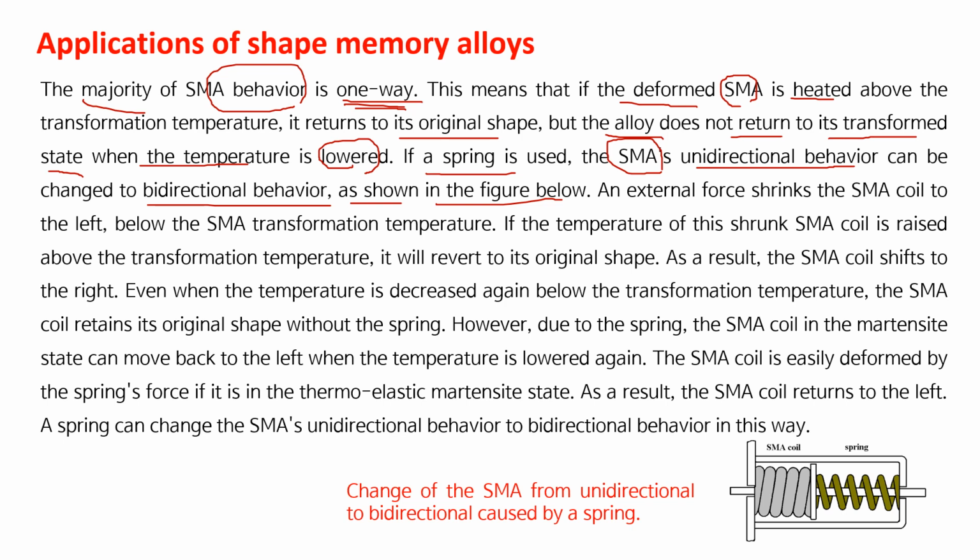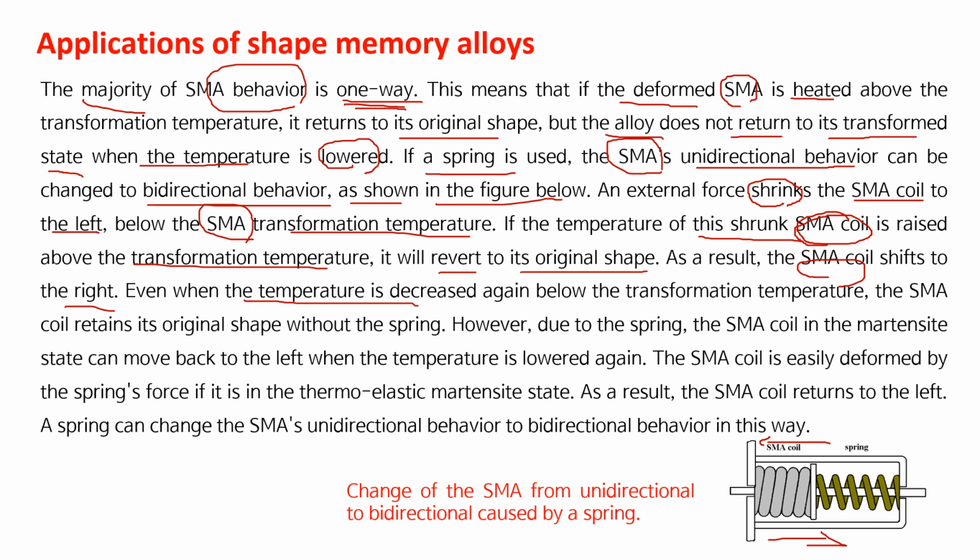An external force shrinks the shape memory coil to the left below the shape memory alloy transformation temperature. If the temperature of this shrunk SMA coil is raised above the transformation temperature, it will revert to its original shape. So to the right. As a result, the shape memory alloy coil shifts to the right.